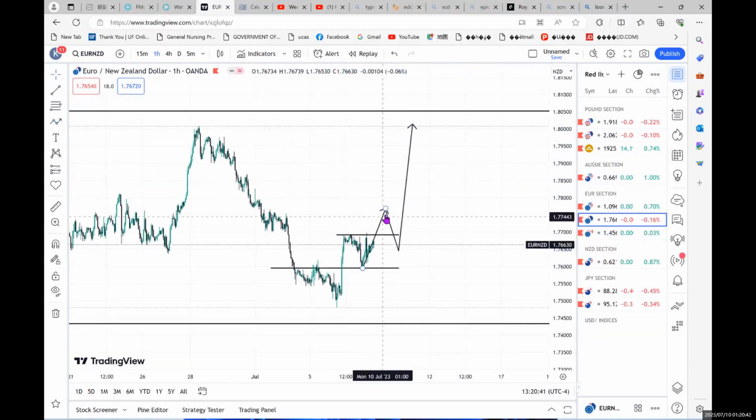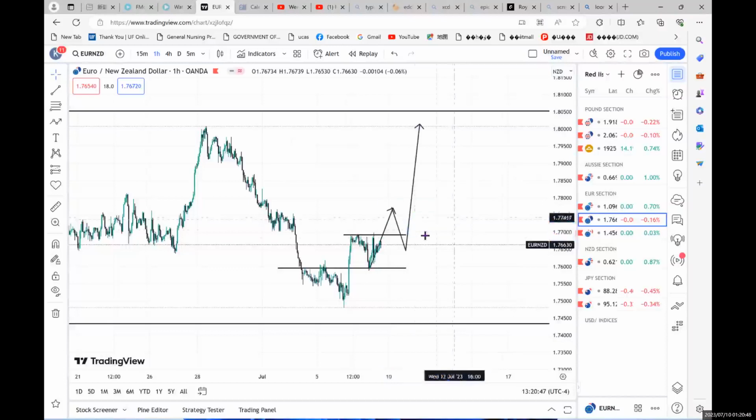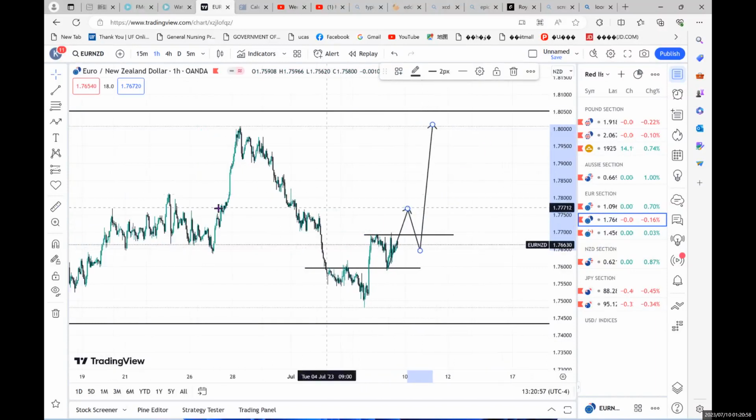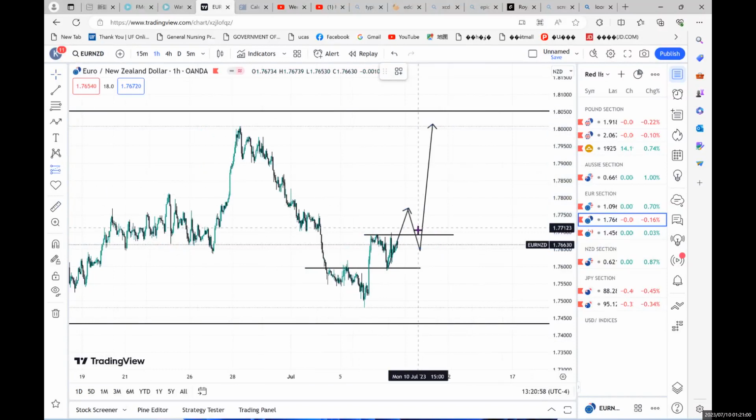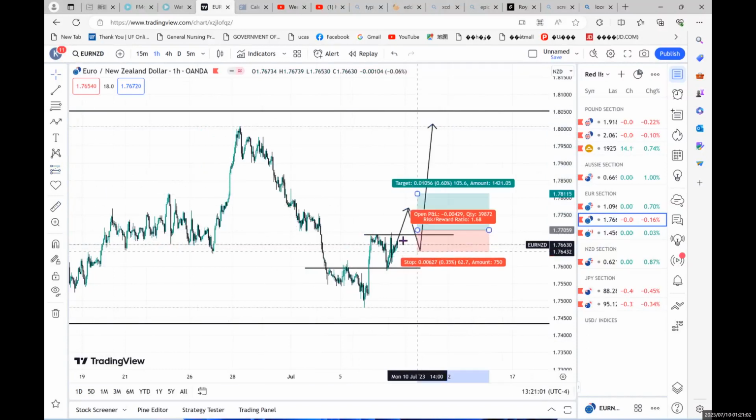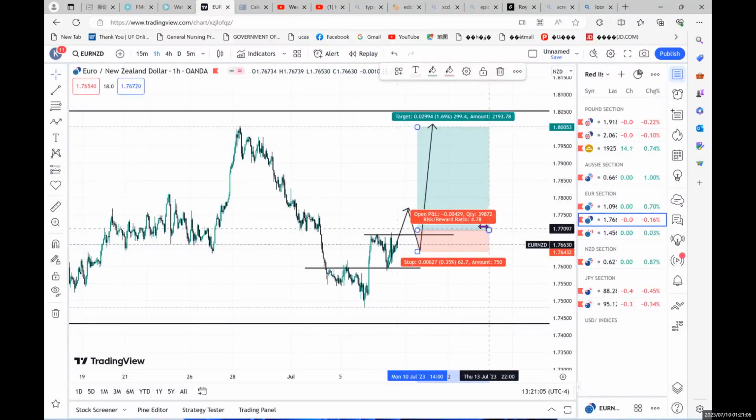Okay, so I'll be looking for buys on EUR/NZD, but first I would want it to break through this level here, give us a pullback, and then a continuation, something like this, back up into the highs.